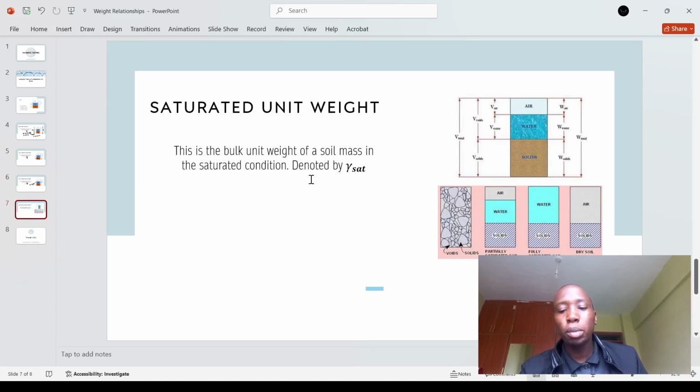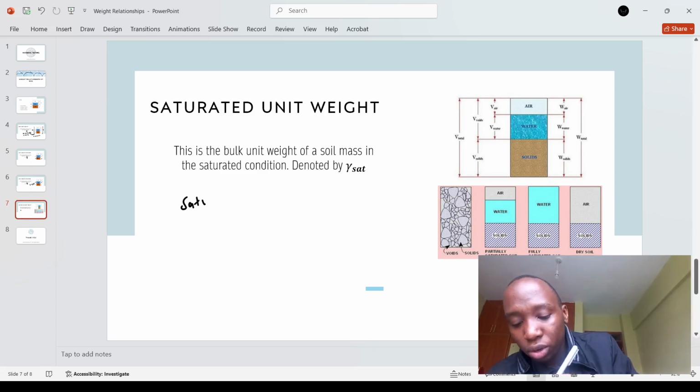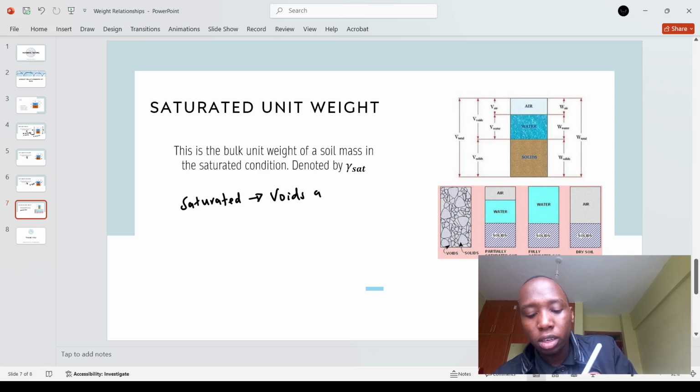What about the saturated unit weight? If it is saturated, it means the voids are filled with water. We also mean that there is no air.